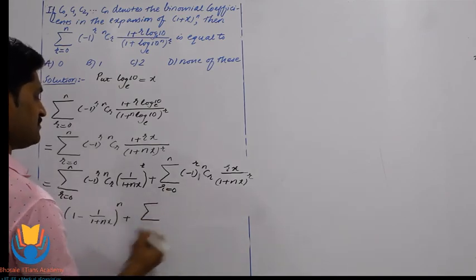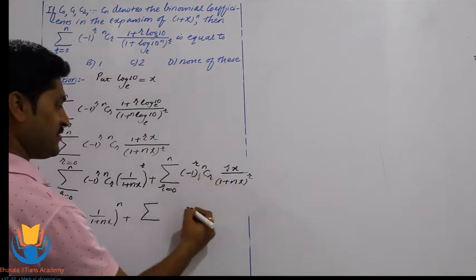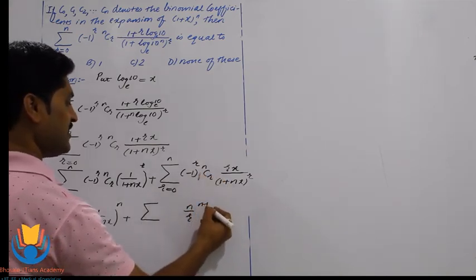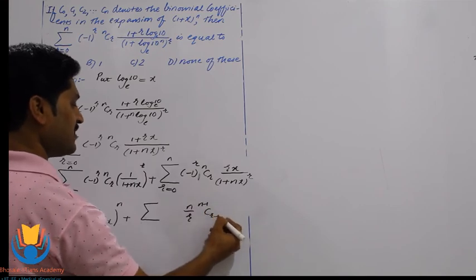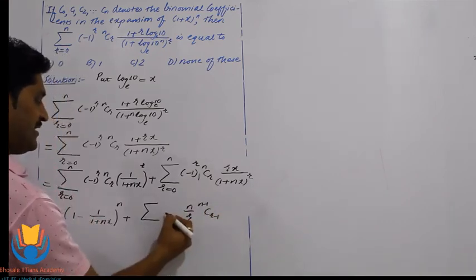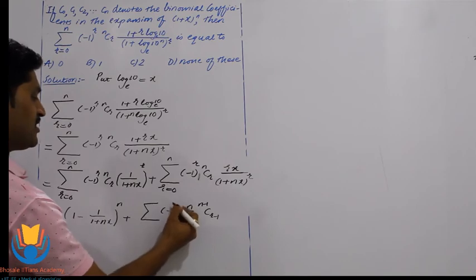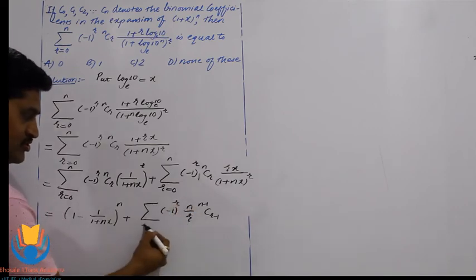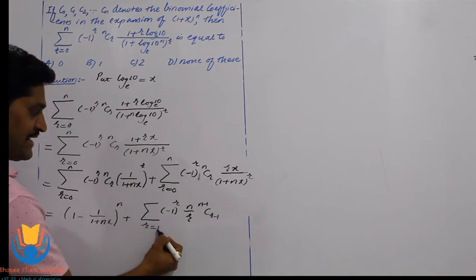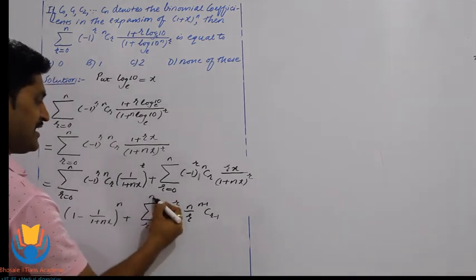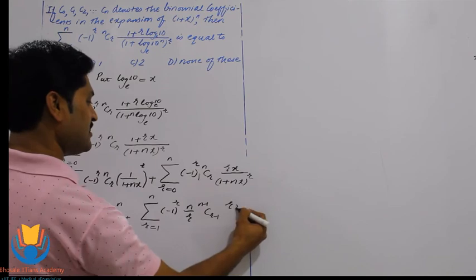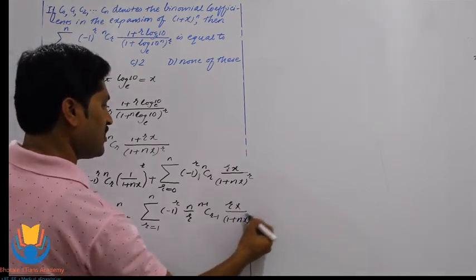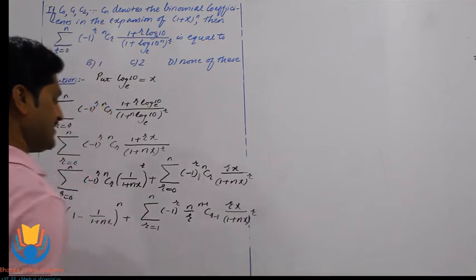For this summation, for nCr we can write n upon r into n minus 1 C r minus 1, and let minus 1 raised to r be as it is, and here r should not be 0, so we have to start the value of r from 1 to n as it is, and this rx upon 1 plus nx whole raised to r remains as it is.